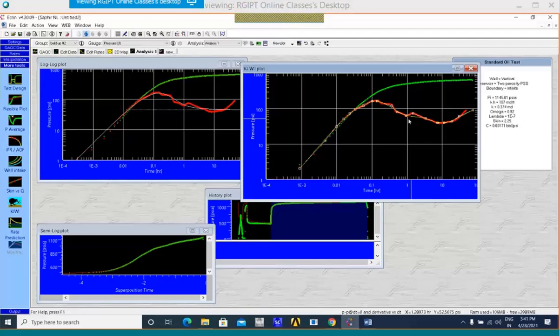1 minute. Model. Instead of this, let us try one fault. Okay, nothing actually worked. Let us try intersecting fault and improve it.